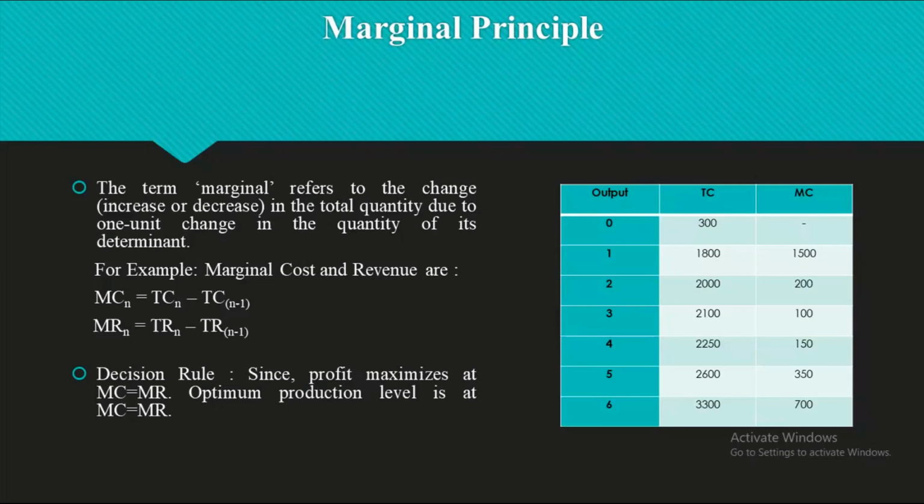So this concept also helps the manager in taking a decision regarding the output level or the production level. It may help a manager of the firm in deciding about the level of production with the help of marginal cost and marginal revenue.